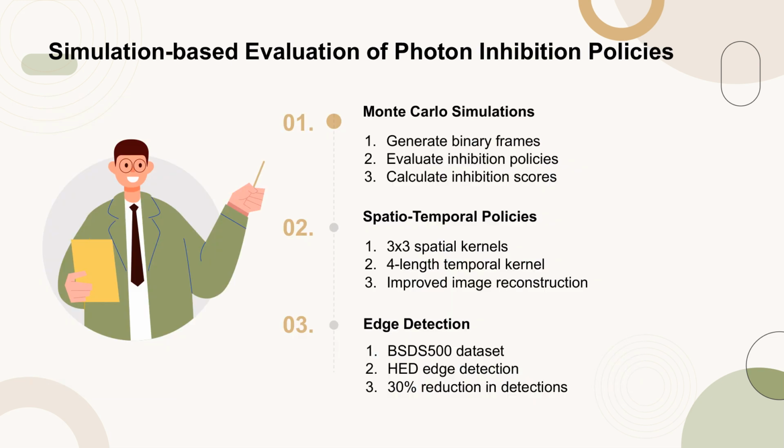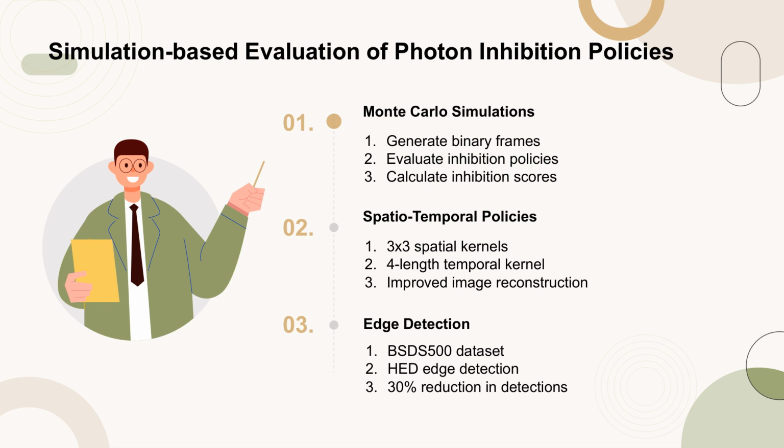The authors employ Monte Carlo simulations to generate sequences of binary frames from RGB images. These simulations are used to evaluate various inhibition policies, including those that extend the baseline inhibition generated by clocked recharge. The performance of these policies is assessed by calculating inhibition scores and patterns.